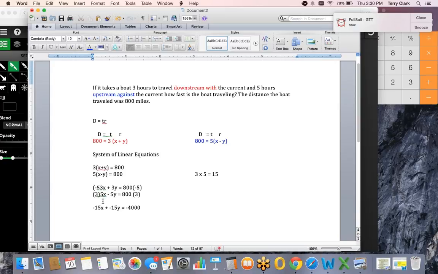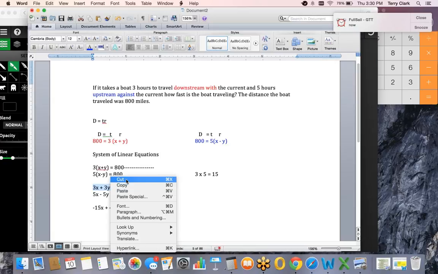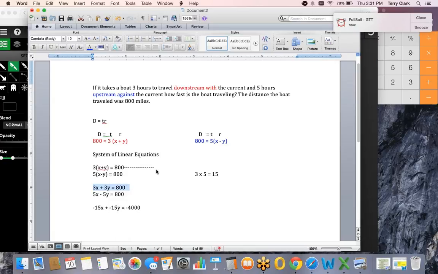Okay, so now that's going to change the problem around. And instead of putting that in parentheses like that, I'm going to put this whole thing like this. So after I multiplied, let me change that out. And then I'm going to do this right here. And then I'm going to take this and cut it and put it there.